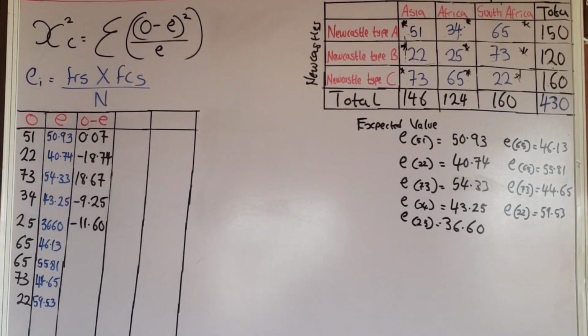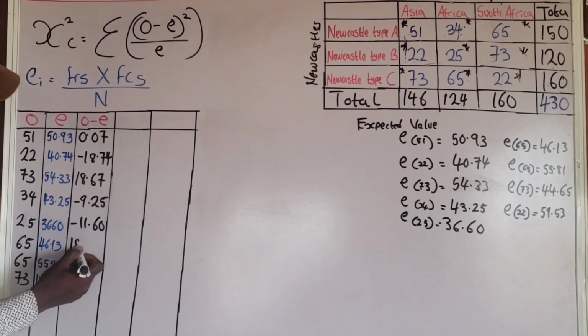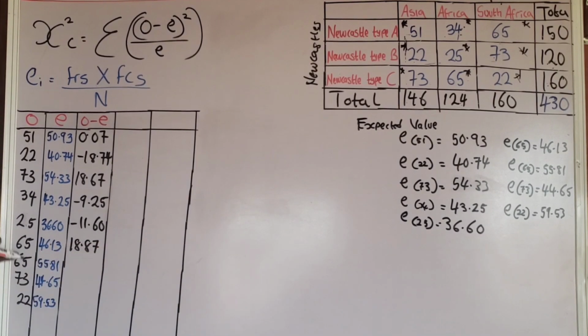Okay, 65 minus 46.13, that is 18.87. 65 minus 55.81, that is 9.19.